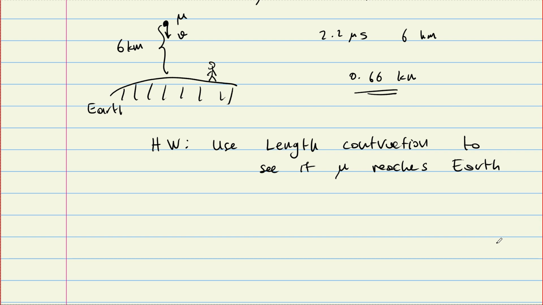If you want, you can choose any frame, right? Any frame is a good frame according to Einstein's postulates. Whether you want to use the muon frame or Earth frame should not matter. You should always find the right results, and that's what we did. If we use the Earth frame, 6 kilometers is 6 kilometers in the Earth frame. There's nothing we can do about that.